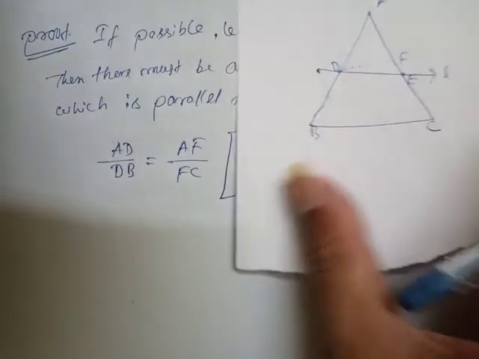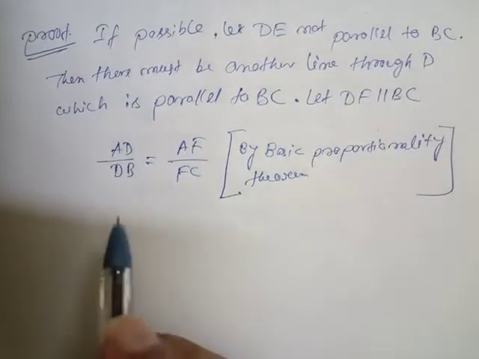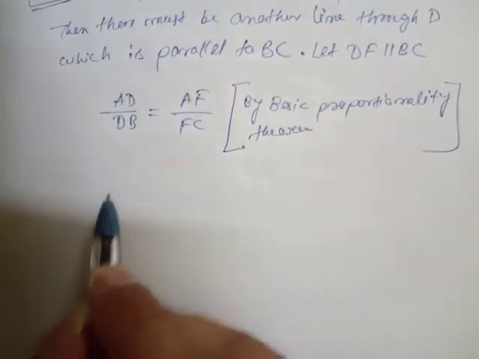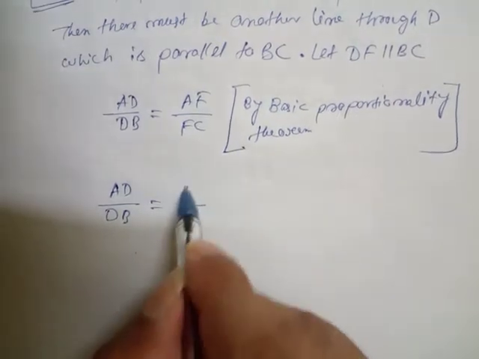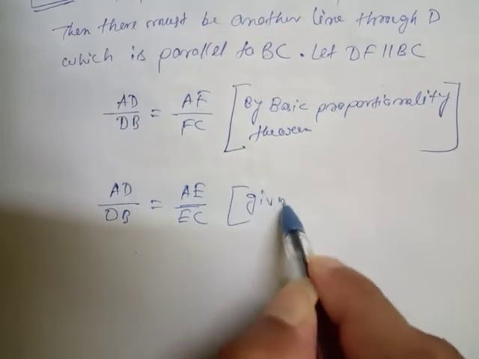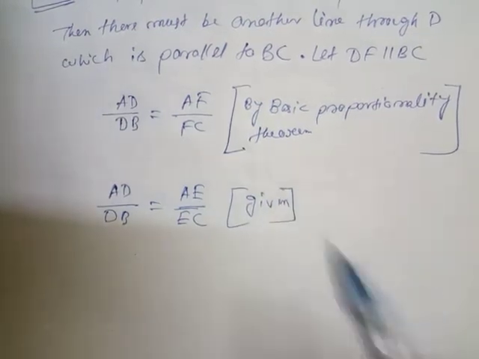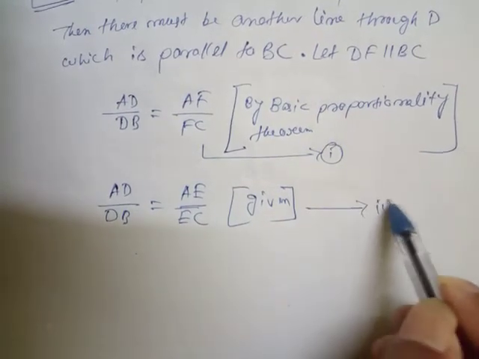Now look, what is the given part in the question? Given part is AD by DB equal to AE by EC. This is the given part in the question. So this is our equation number 1, and this is our equation number 2.